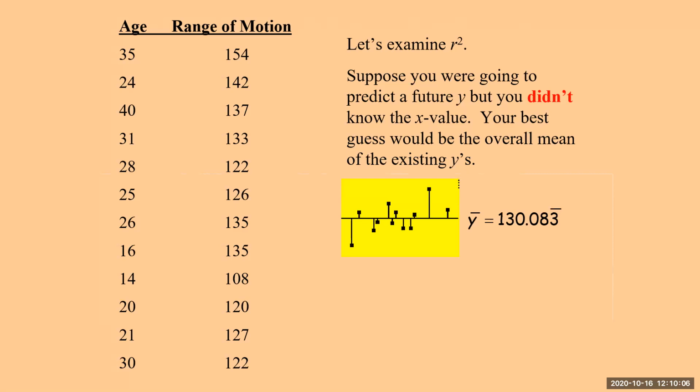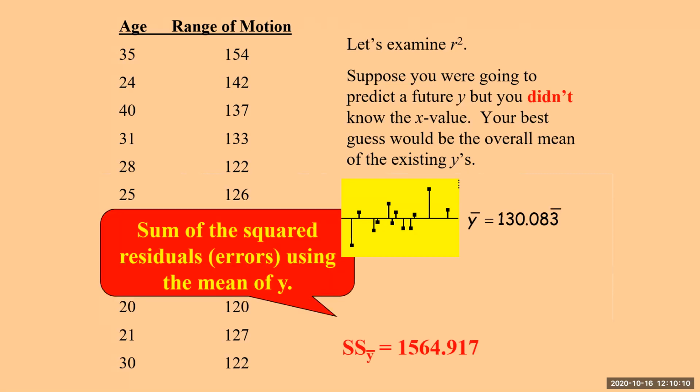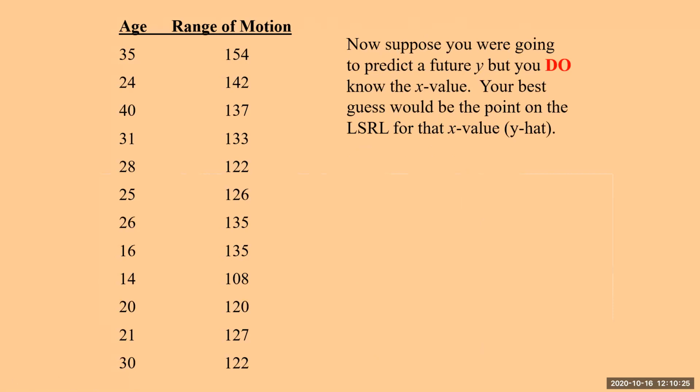Now, if we take the residuals of that, the distance from each data point, and sum up the squares, the sum of the squared residuals for y would be 1,564.917. Now, suppose we were going to predict a future y, and we do know the x value.